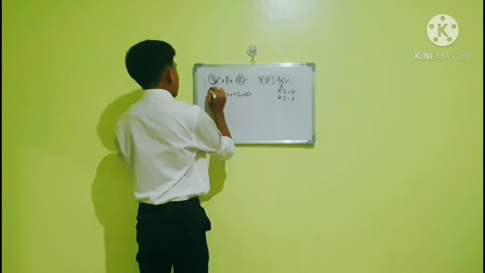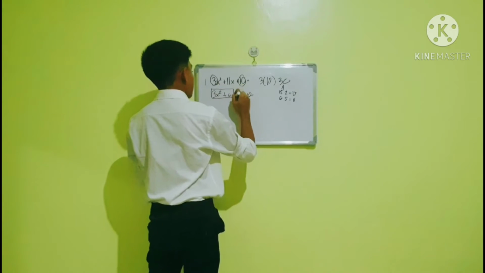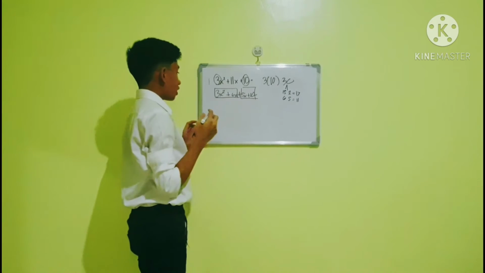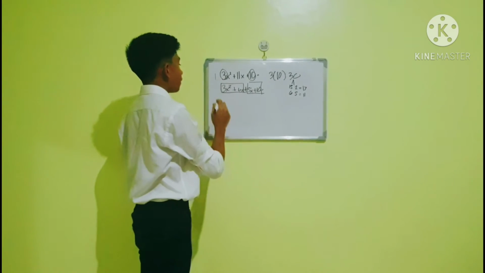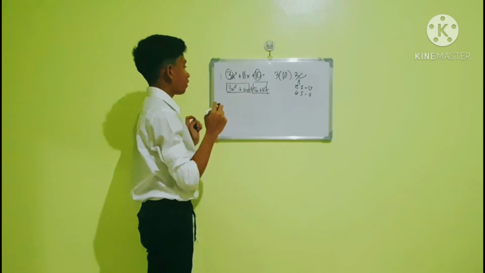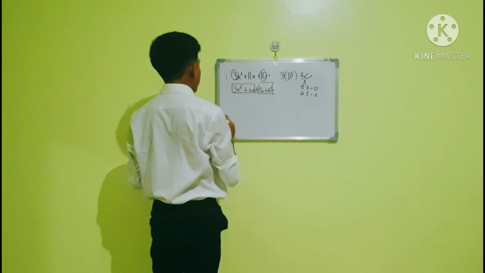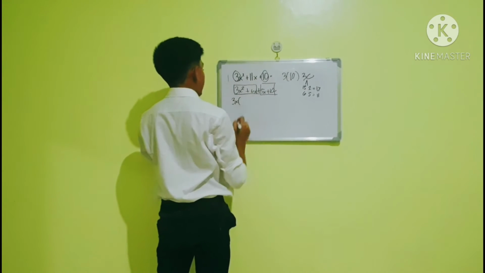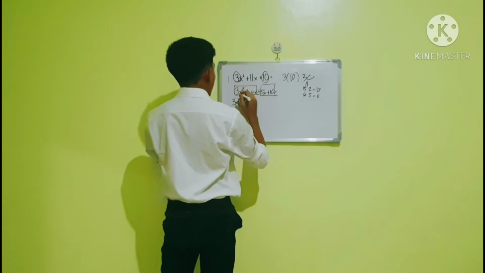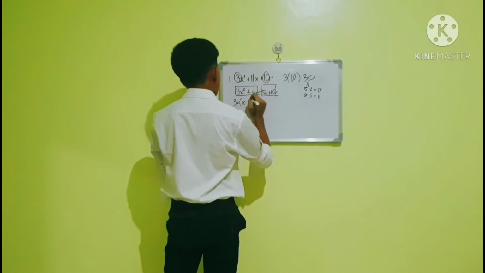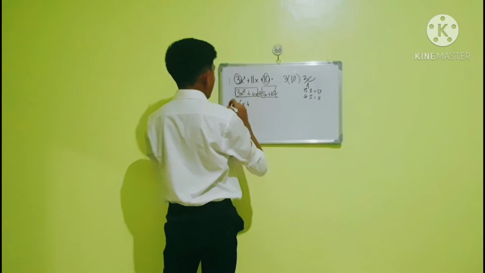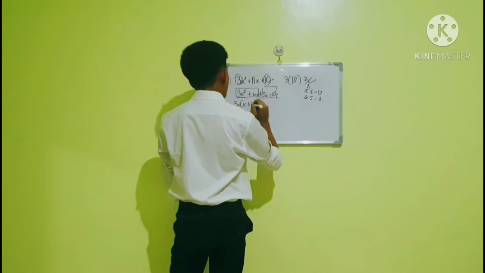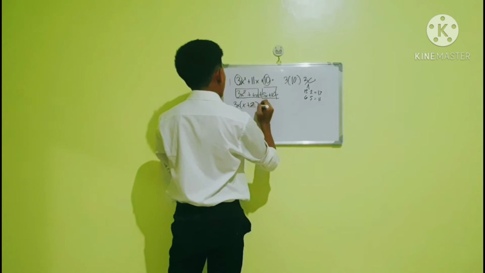Now, the next step is to group it. Then you find the greatest common factor in each group. For the first group, the GCF is 3x. 3x squared divided by 3x is x, plus 6x divided by 3x is 2.